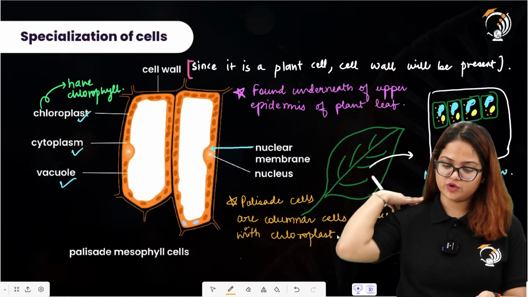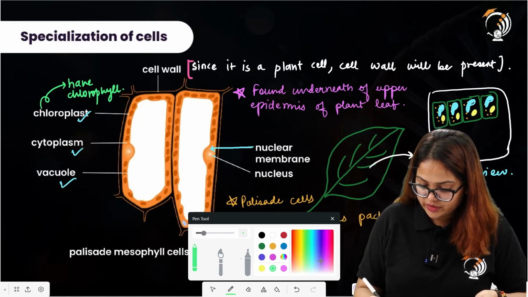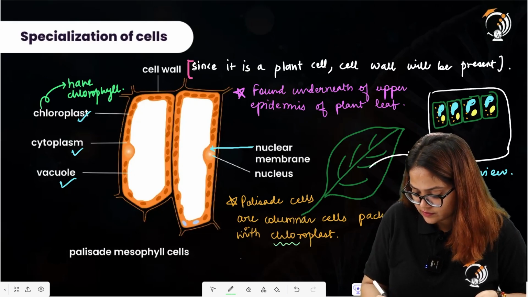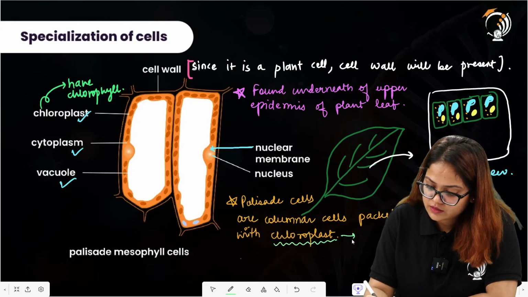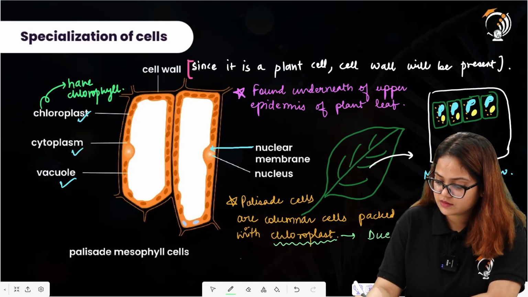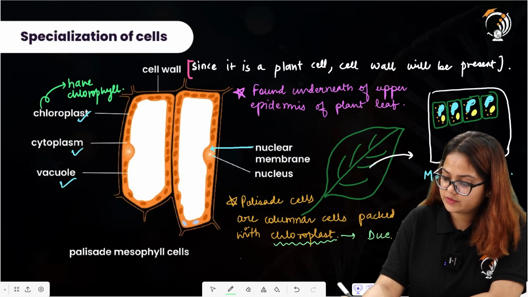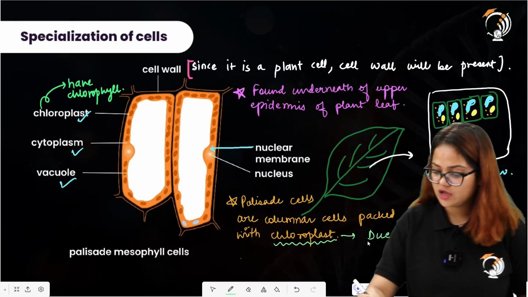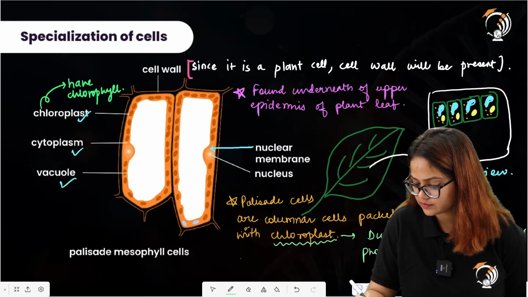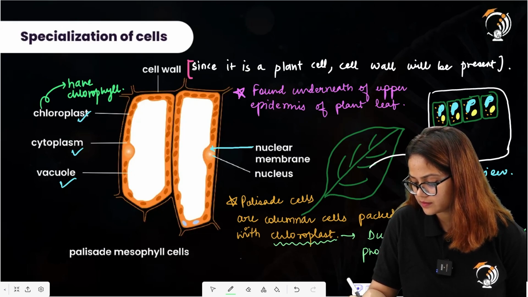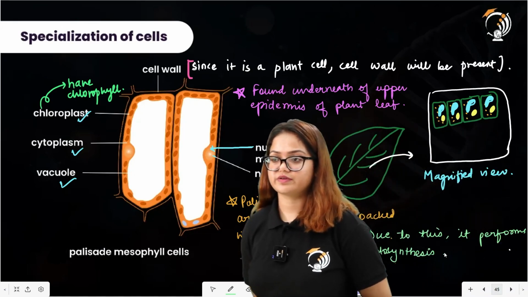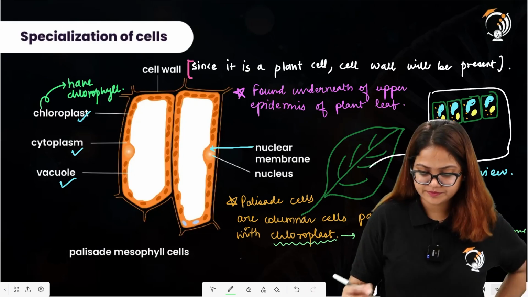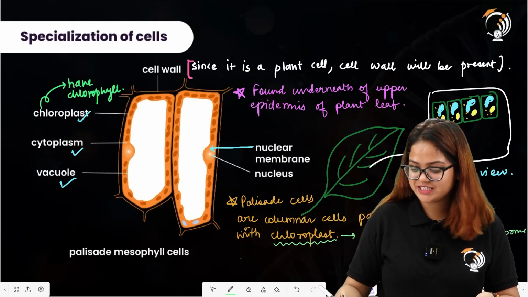Now, due to the presence of chloroplast, it is able to perform the function of photosynthesis. Due to this, it performs photosynthesis. All right, you can observe it. So this is all about the palisade mesophyll cell.